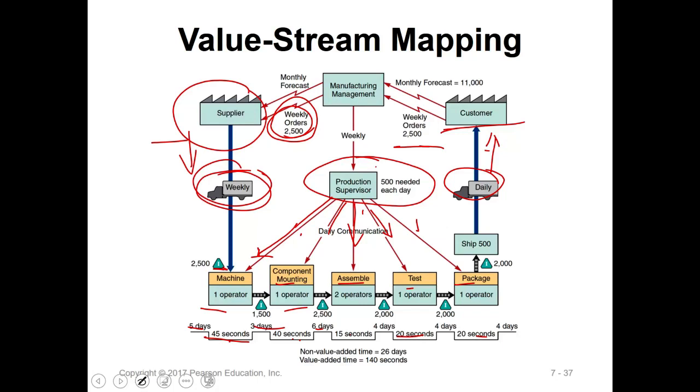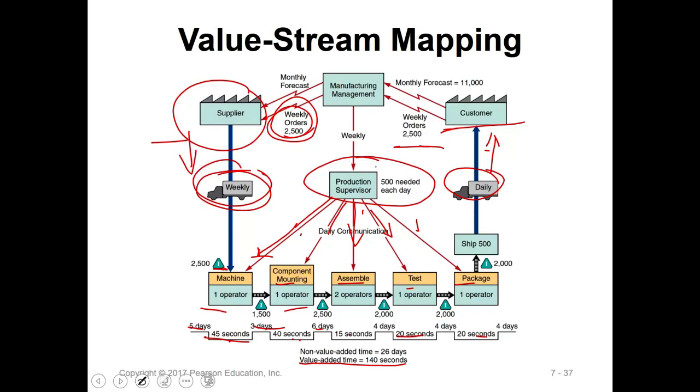In this chart we see all the value added time is 140 seconds. However, the non-value added time, inventory time, and work in process is 26 days, which is the non-value added process.